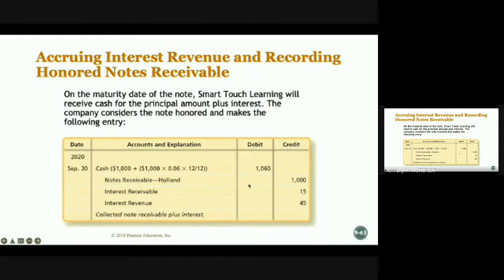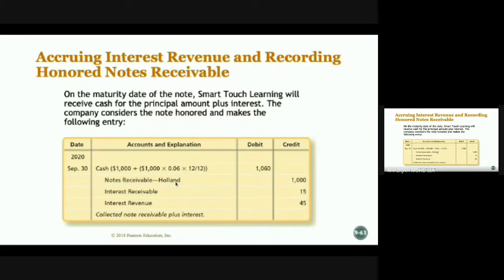When the period ends, you are going to receive 1,060, which is the 6% interest rate for the 12 months period. But you have to close your notes receivable. Initially you debited your note receivable, now you credit it because it's settled.